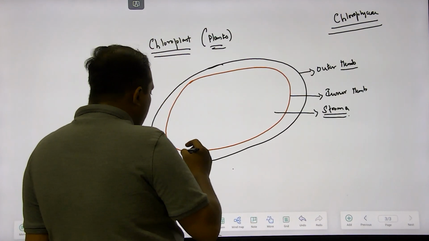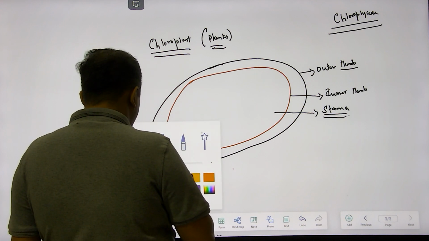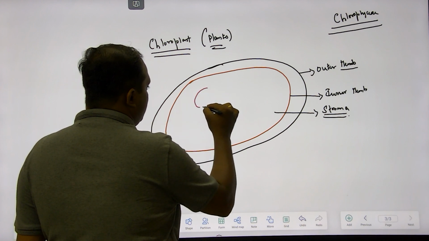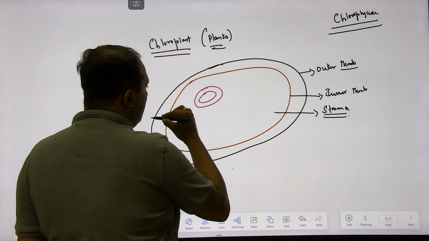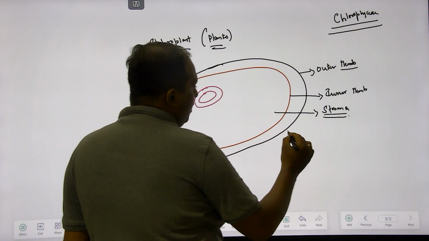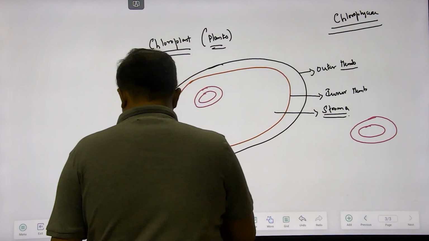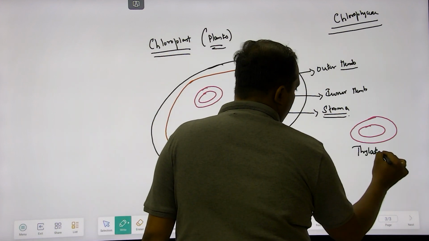And in the stroma you will be able to see a disc-like structure. Again, this disc-like structure is a double membrane structure. I'll draw it here. This is going to be called thylakoid.